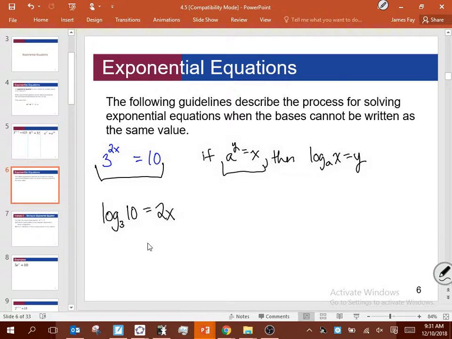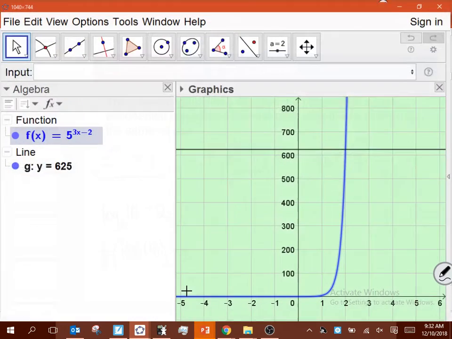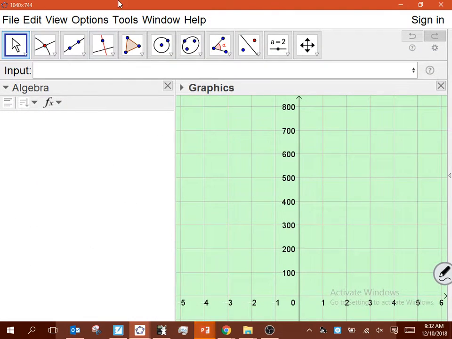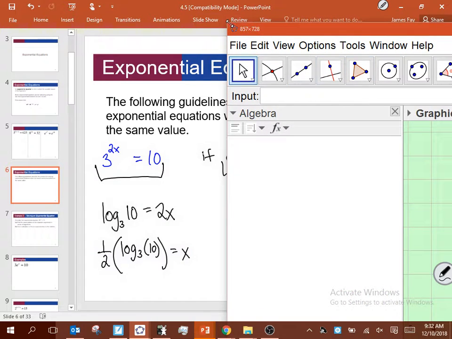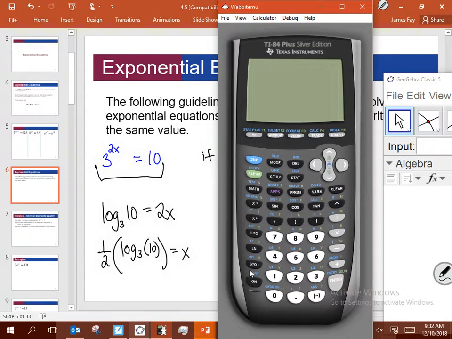Did that just give you an equation in which you no longer have variables in exponents? Can I solve for x? Okay, so I divide by 2, right? Just for convenience, and for what I want to demonstrate in a minute, I'm going to multiply by 1/2. Maybe I'll show you how to do this on the 83 or 84 calculator.